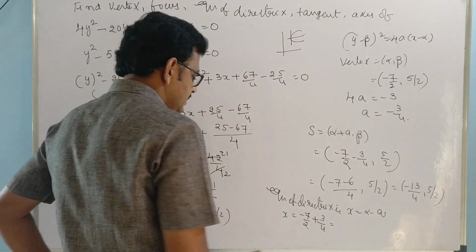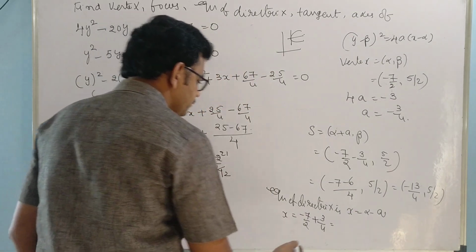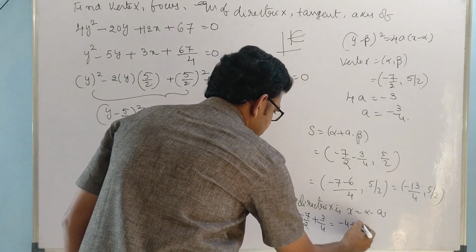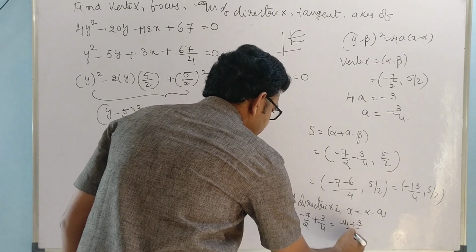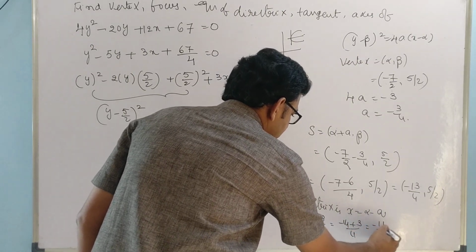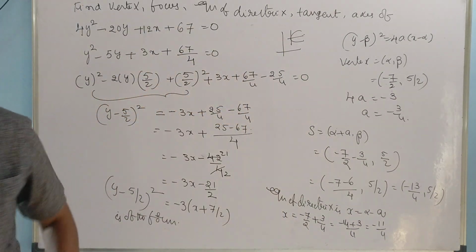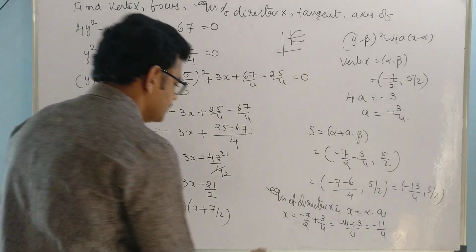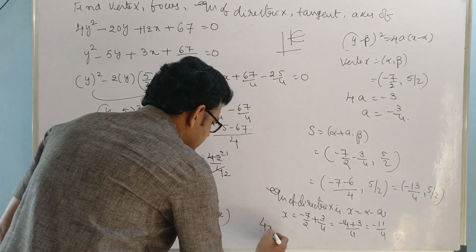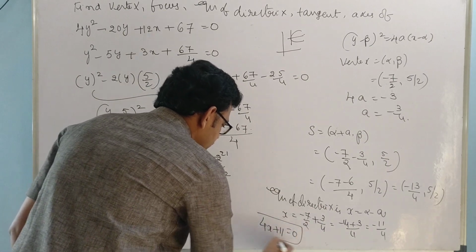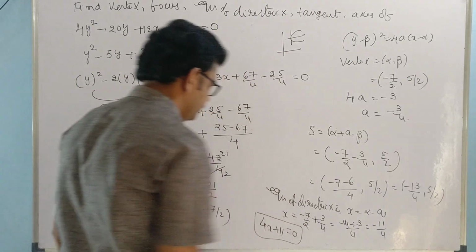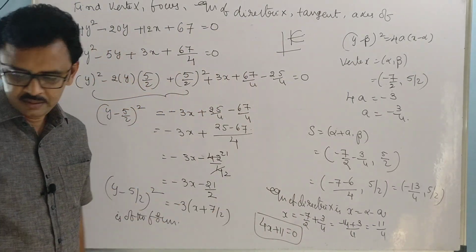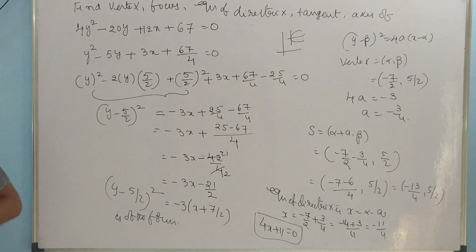Equation of directrix, that is equal to minus 14 plus 3 by 4, that equals minus 11 by 4. Therefore, equation of directrix, cross multiplying, 4x plus 11 equal to 0. x equal to minus 11 by 4. So this is the equation of directrix.